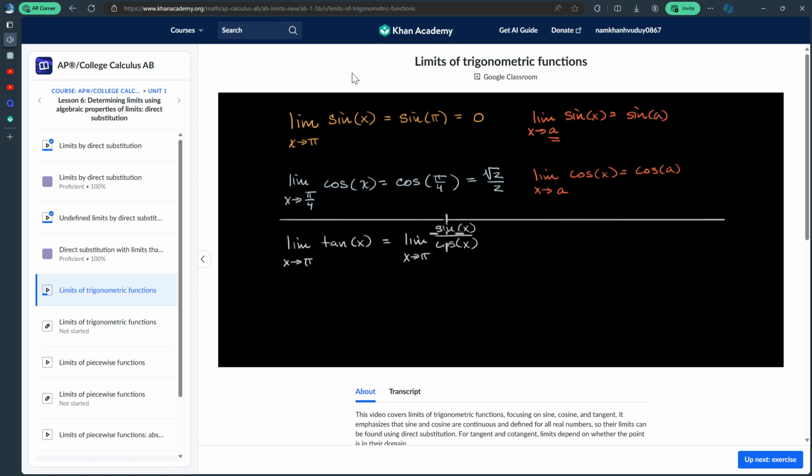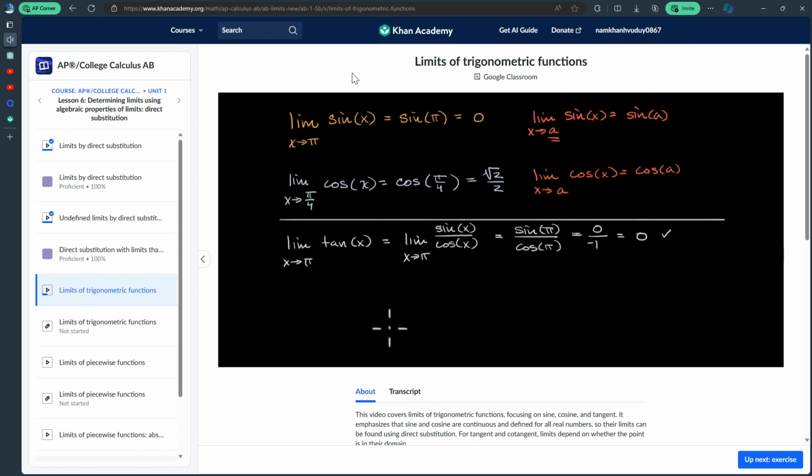And so both of these are defined for pi. And so we could just substitute pi in, and we just want to ensure that we don't get a 0 in the denominator, because that would make it undefined. So we get sine of pi over cosine of pi, which is equal to 0 over -1, which is completely fine. If it was -1 over 0, we'd be in trouble. But this is just going to be equal to 0.